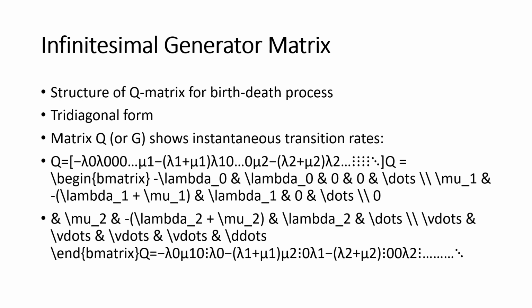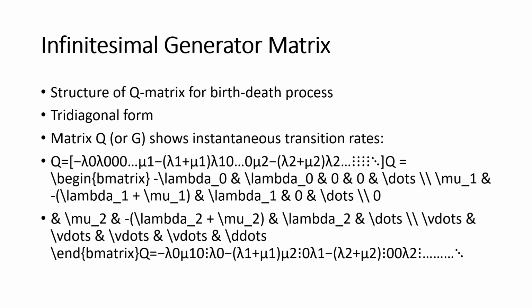Infinitesimal generator matrix. Here is the structure of the Q matrix for the birth and death process. Triangular form: the matrix Q, or generator, shows transition rates.